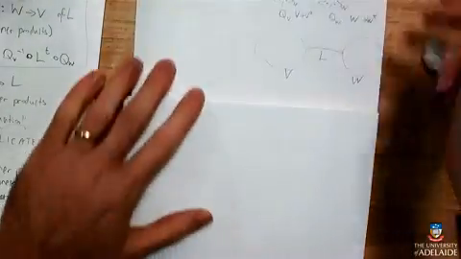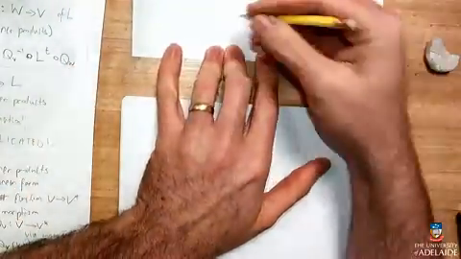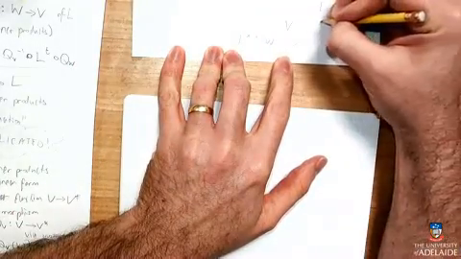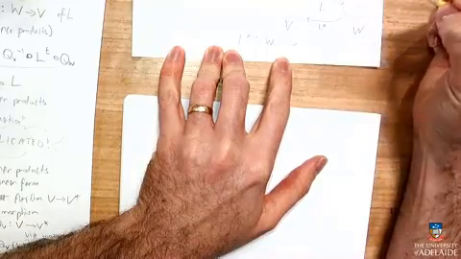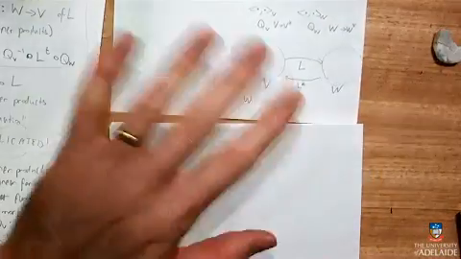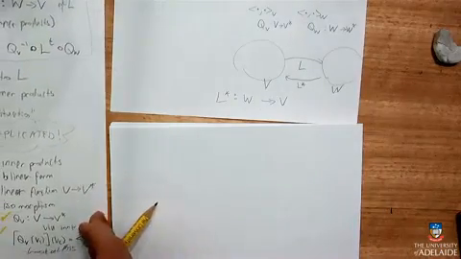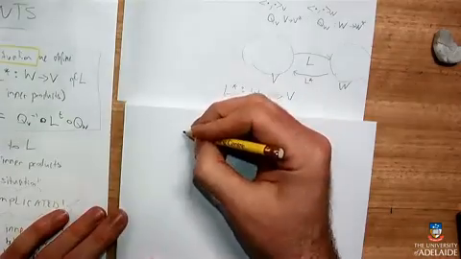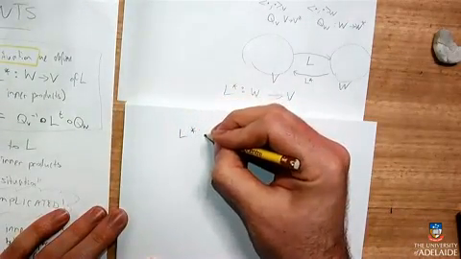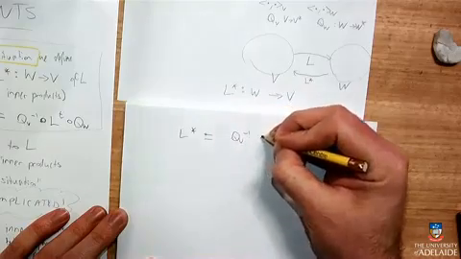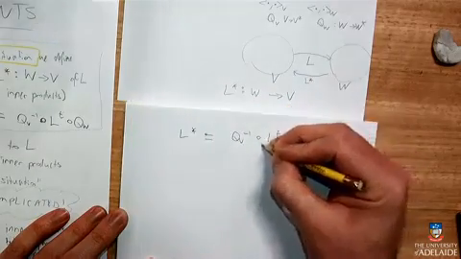Okay, and so L star sends W back to V, like that. That much I am sure of. And then L star is Q_V inverse L^T. What does this mean?